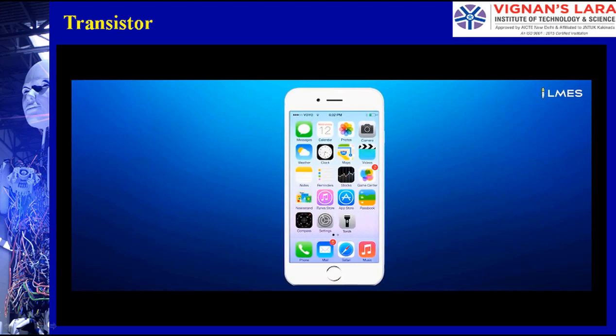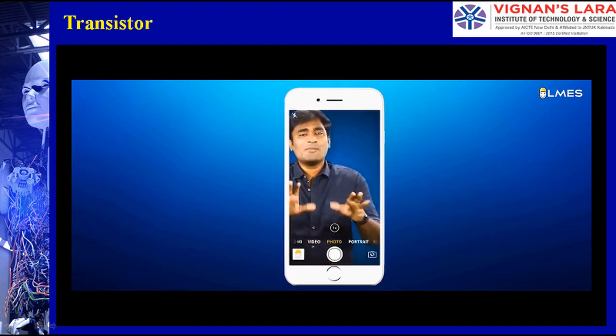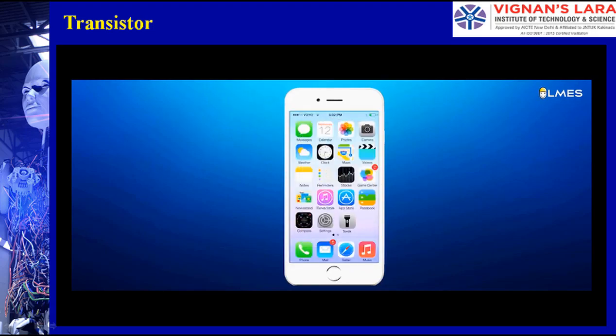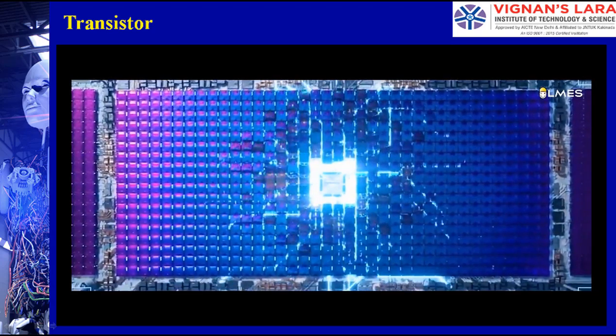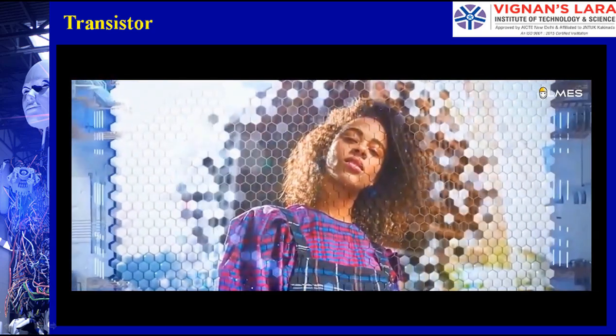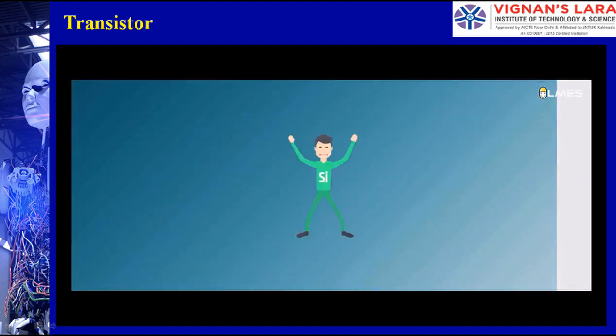If we wanted to use a normal switch for every application like camera, torch and everything, the phone would be like a big house. This transistor is made up of a semiconductor. When we touch the camera app, the transistors come into the closed circuit and get activated, which starts to give the action. To understand the concept of a transistor, we should go back to atomic level functions.